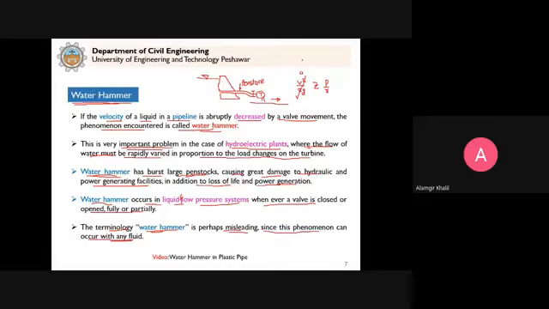We already stated the law of conservation of energy: energy can neither be created nor destroyed. So when you bring the liquid to 0, it means that it will increase the pressure. Due to this increase, the pipe expanded. So this increase in pressure will be resisted by the fluid, which is why we consider compressibility of the fluid, and it will also be resisted by the stretching of the pipe walls in case the pipe is elastic. Now is your question clear?